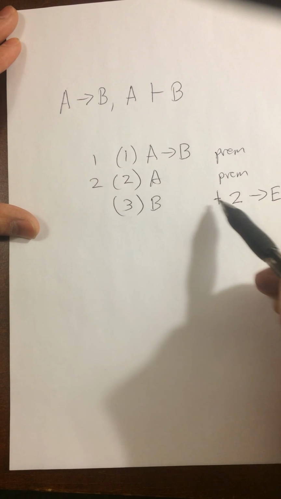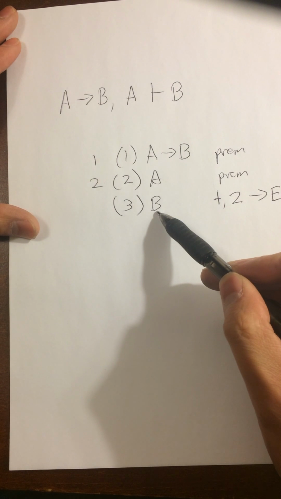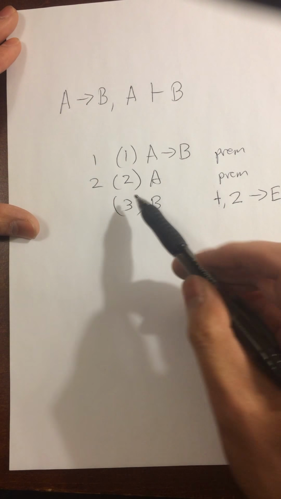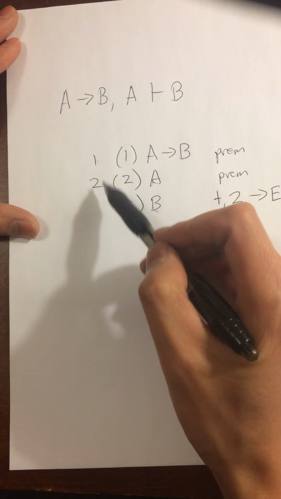And then the dependency numbers will come from the lines that you've used to derive B. So that's lines 1 and 2. So B depends on 1 and 2.